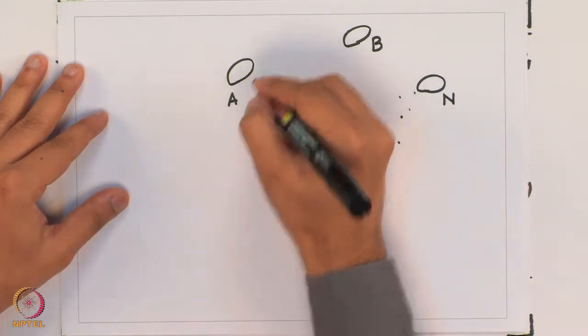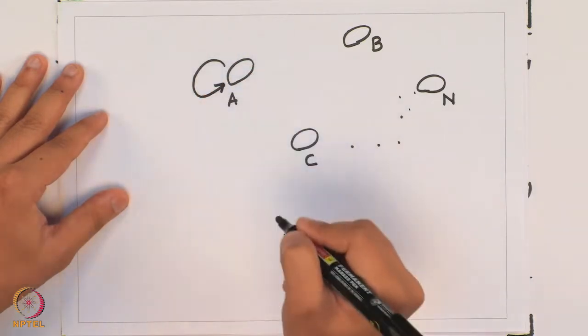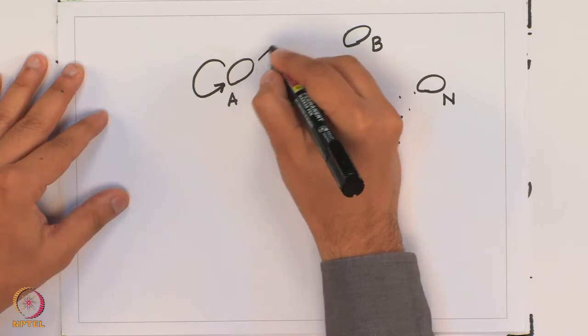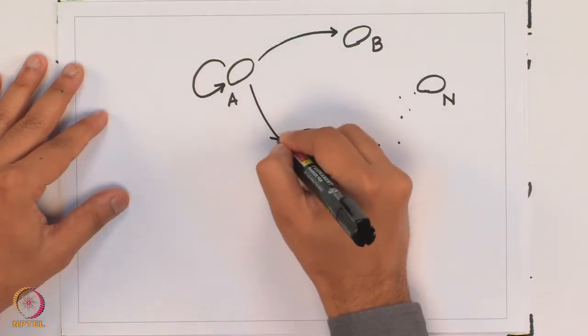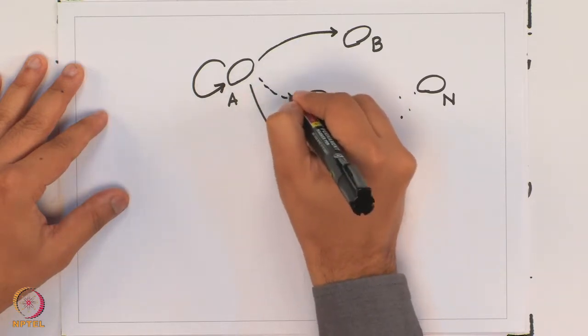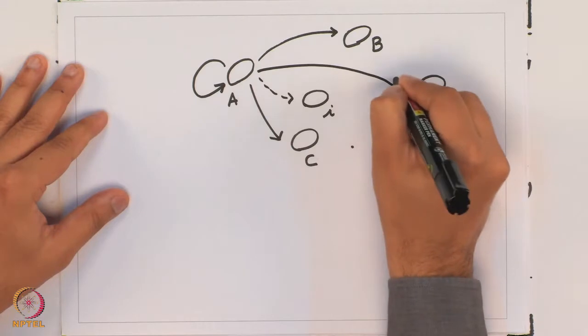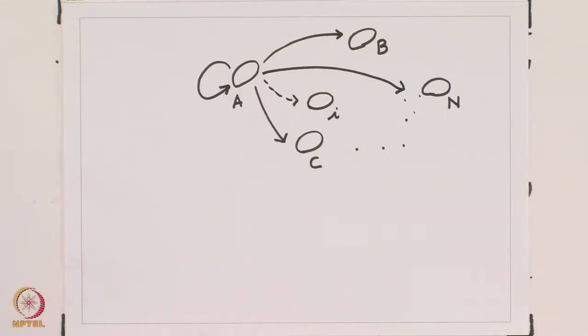and when A replicates, it could either lead to a genotype A, or via mutation it could lead to genotype B or C or I or N. So in this map we are interested in two distinct types of arrows that we have happening here.